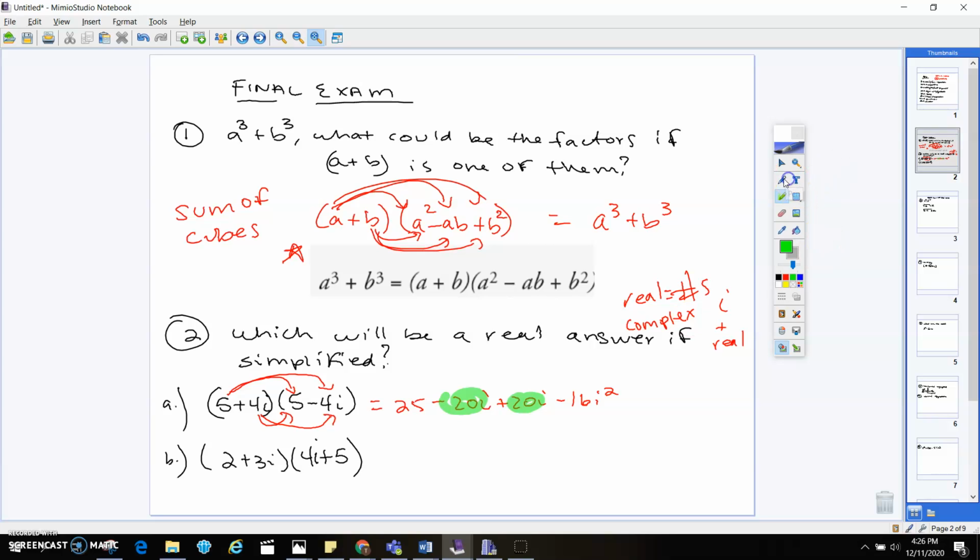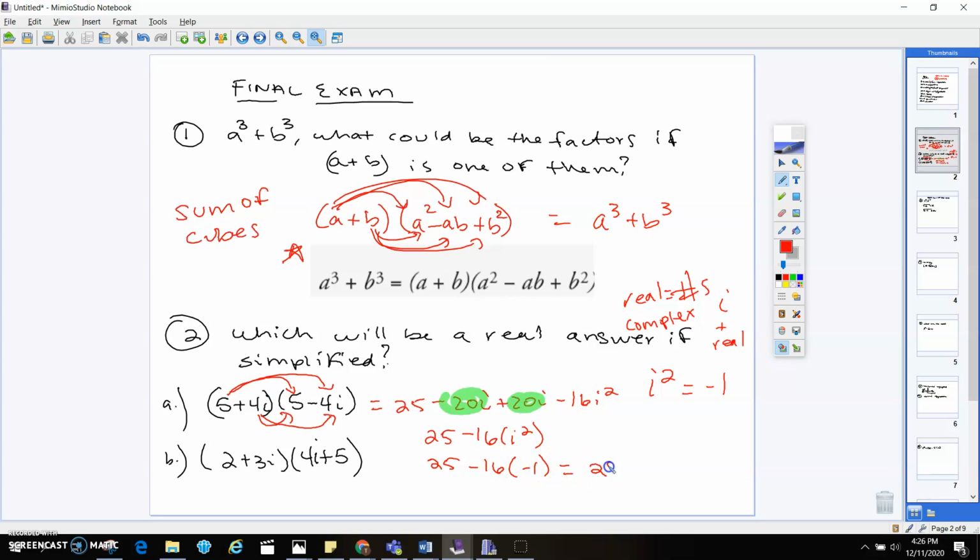So I'm going to rewrite this. I'm going to have 25 minus 16i squared. We were told back in the day that i squared equals negative 1. So I'm going to take negative 1 and plug it in for this i squared. I'm going to get 25 minus 16 times negative 1.